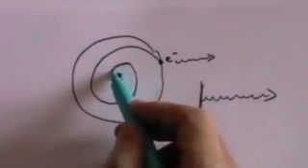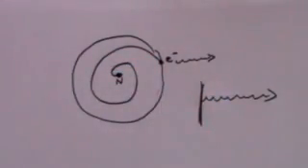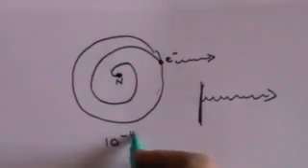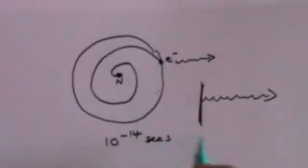And if it spirals in, it will eventually collide with the nucleus, and the whole thing will be obliterated. And it's calculated that that would happen in 10 to the minus 14 seconds, which is 100 million millionth of a second. So on this analysis, no atom can survive for more than a very small fraction of a second, which means you and I couldn't survive.